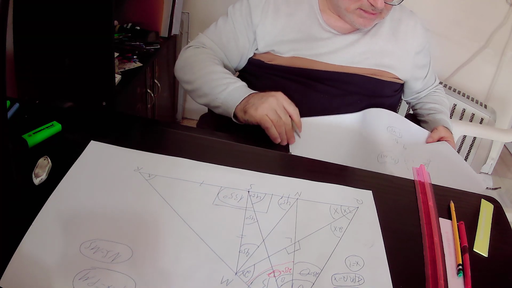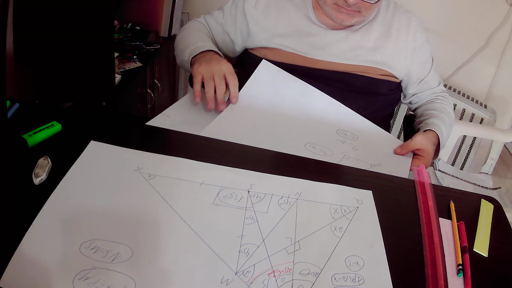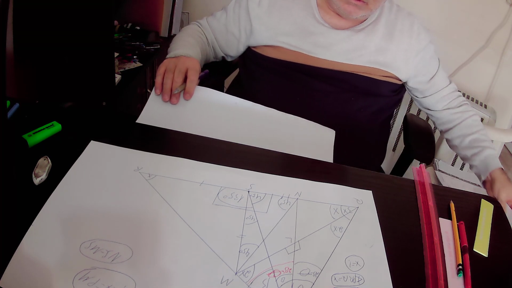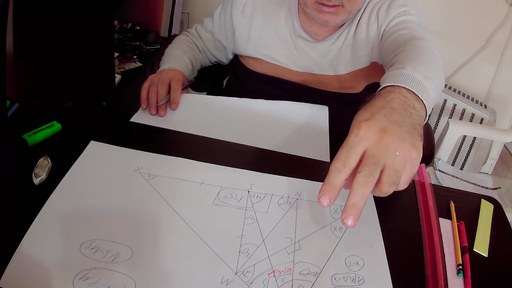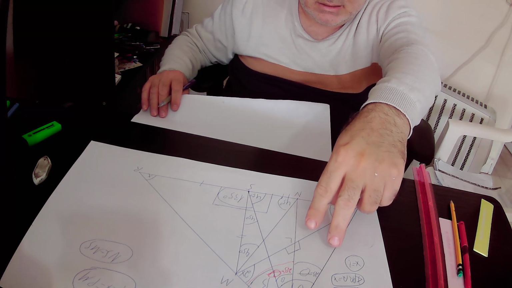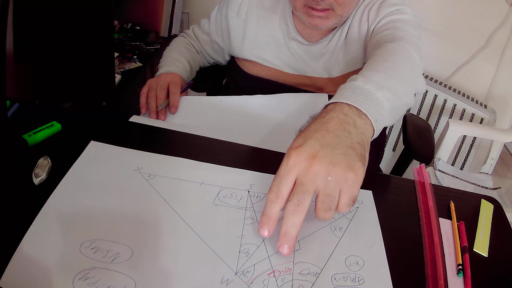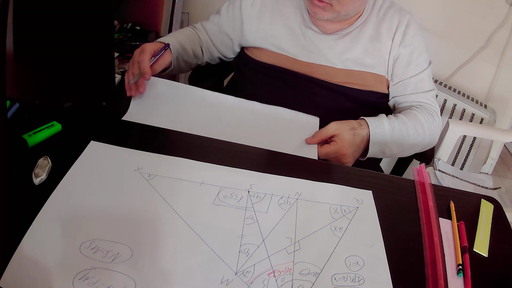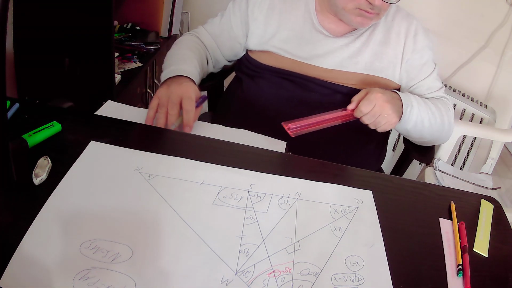So, in the next step, we will prove that triangle PQN is congruent to triangle PMN. So I will draw the two triangles together and we will prove that they are congruent to each other.